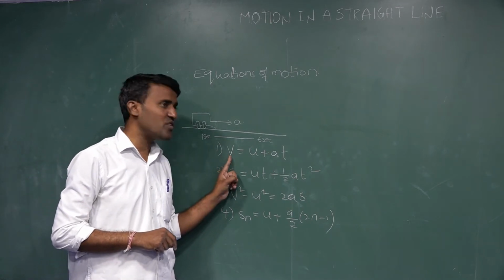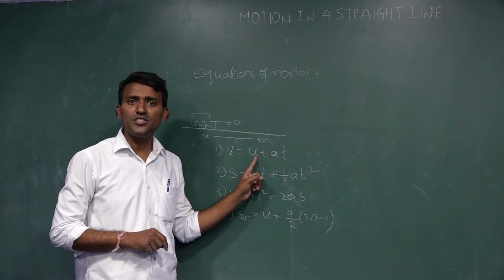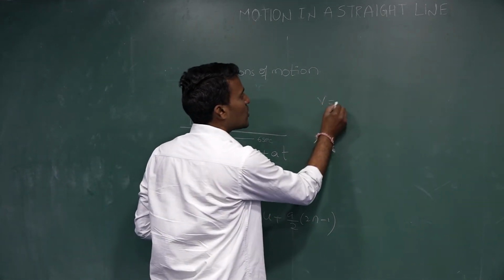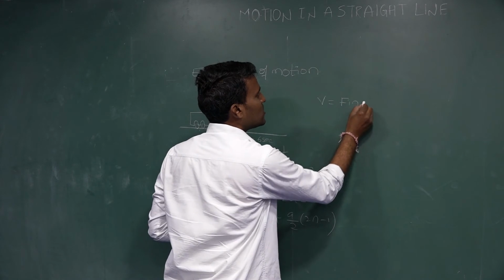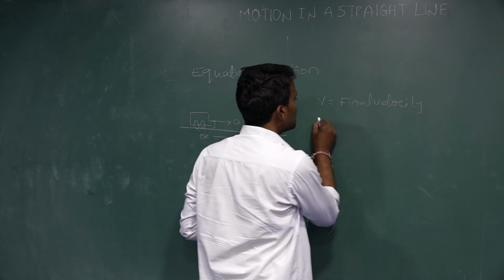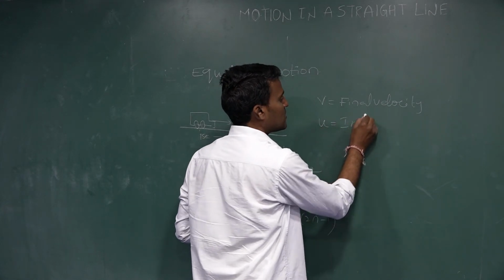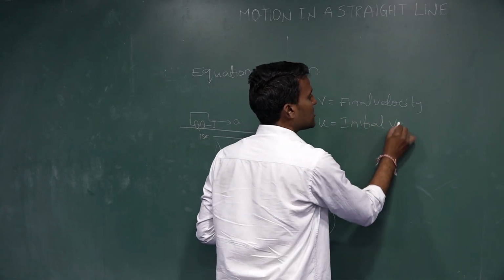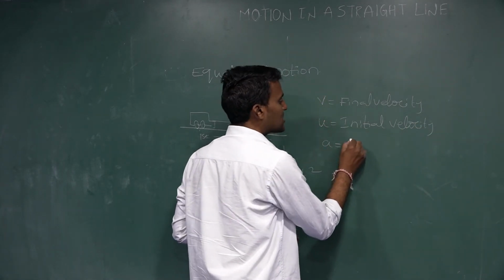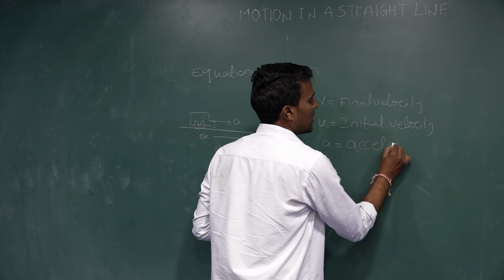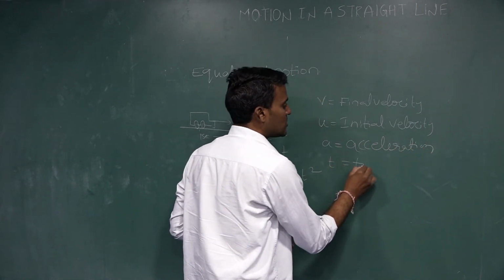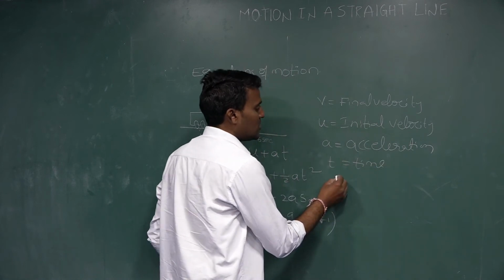And in these equations, v is the final velocity, u is the initial velocity, a is acceleration, and t is time.